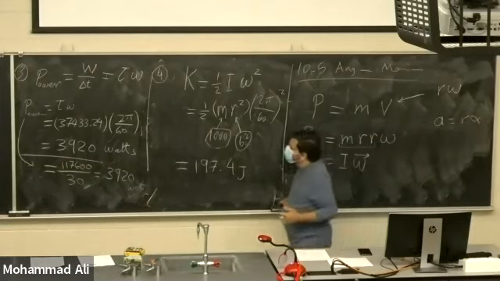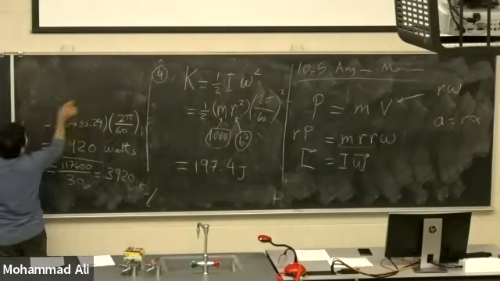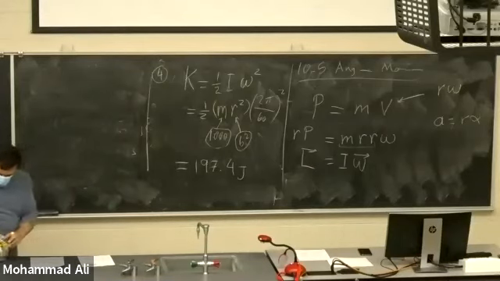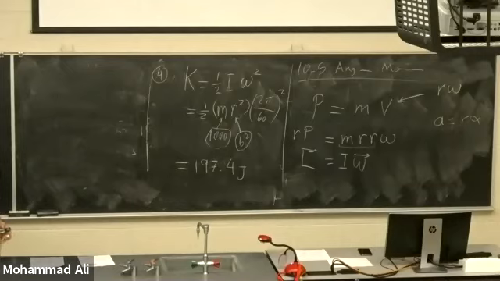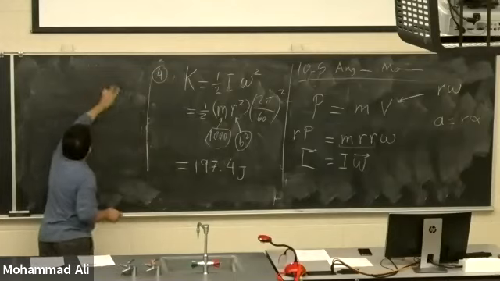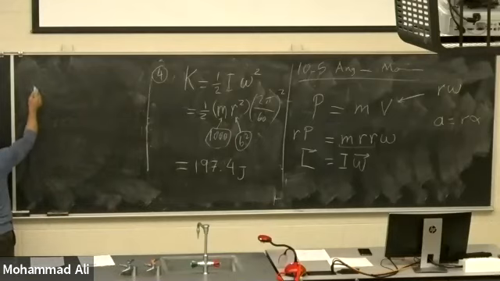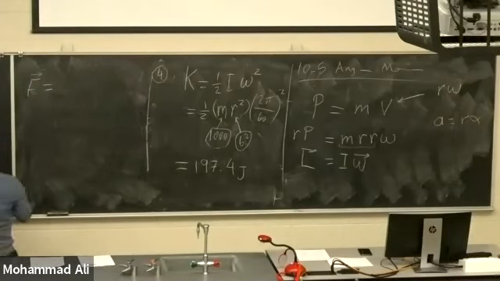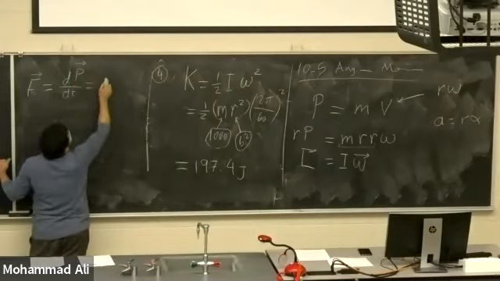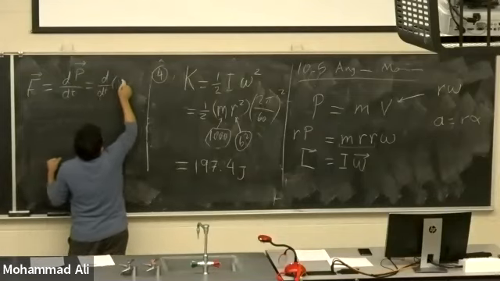We knew that from before: the force is equal to dP by dt as a vector, and it is equal to d by dt of mv.